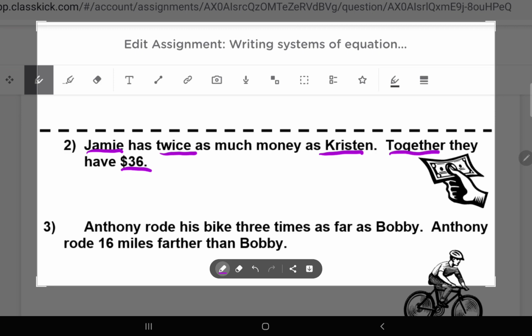My first thing that I need to do, I have to specify my variables. So J is equal to Jamie. And now the second variable is going to be Kristen. I know it's kind of bad, but I'm trying to write as fast as I can. It's going to equal K.